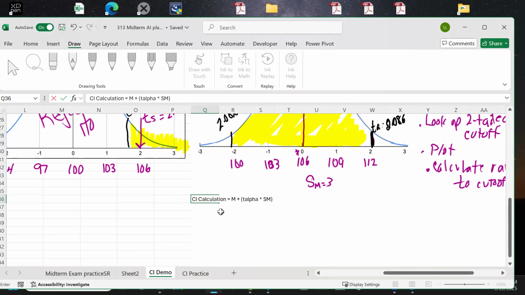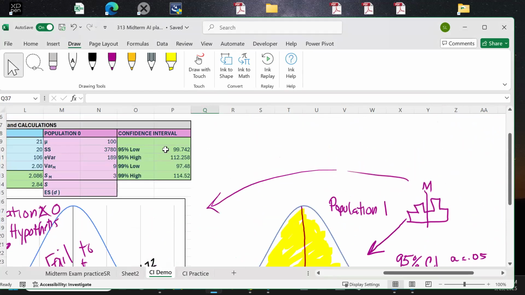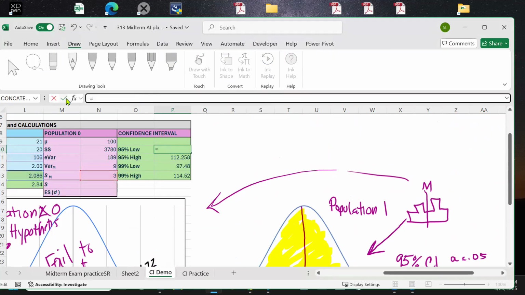So that's our formula. Let's do a quick calculation on the lower end. So I should say that for the upper interval, we add the mean. For the lower interval, we subtract the mean. So let's go ahead and do it here. You can see I've already calculated, but I'll redo the formula. Equals the sample mean.